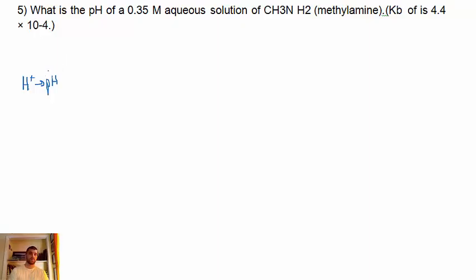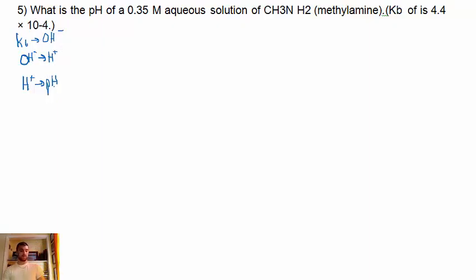If I know how much OH minus I have, I can figure out how much H plus I have, or if I get the pOH, I could get the pH that way too. There's a couple of ways to do it. In order to do that, we're going to need the Kb to give us the OH minus. So it's a multiple step problem here.